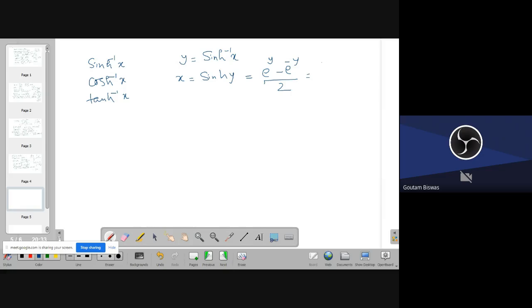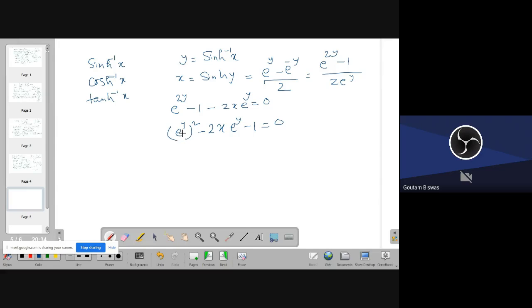That is equal to e to the power 2y minus 1, divided by 2 into e to the power y. Am I right? Yes. So e to the power 2y minus 1 minus 2 into x into e to the power y equals 0. That means (e to the power y) whole square minus 2 into x into e to the power y minus 1 equals 0.